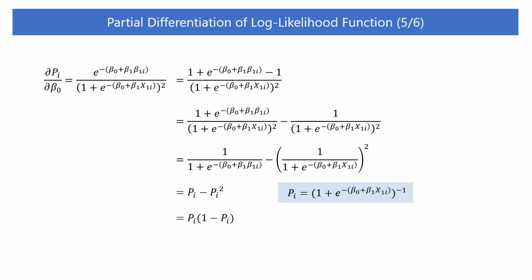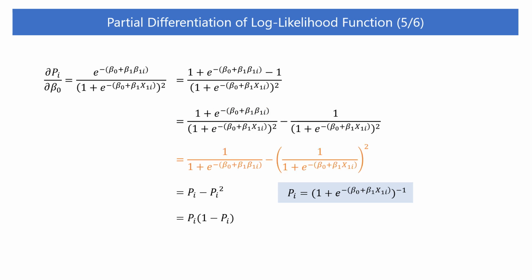Continue from the partial derivative of pi in fractional form. Add 1 to the beginning of the numerator and subtract 1 from the end. This operation does not change the numerator value. But this operation allows one fraction to be decomposed into subtraction between fractions.